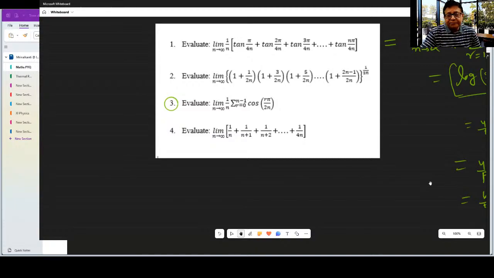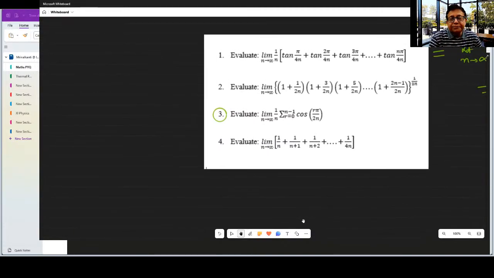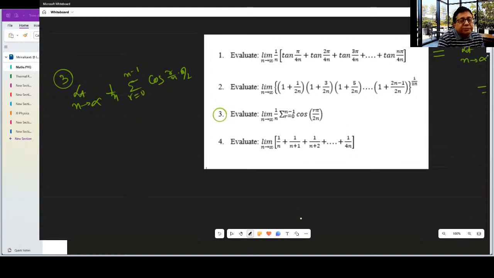Have you got number 3? This is already arranged, but this time 0 to n minus 1 cos r by n pi by 2. r by n should be replaced by x. 0 to 1 cos x into pi by 2 dx.